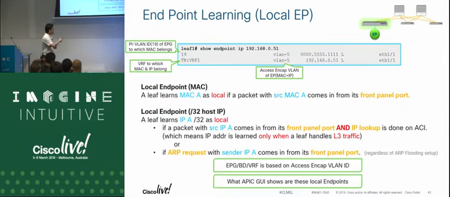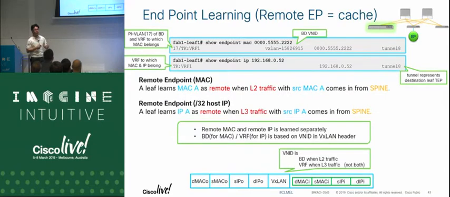Okay? Then, local endpoint is not the only endpoint. We need to learn how we learn the remote endpoint as well. Remote endpoint is cache information because technically we don't need it. We can still function without this one. As long as we have local endpoints, if that leaf doesn't know about the destination, we can just ask the spine. So this remote endpoint is cache information to optimize the traffic flow.